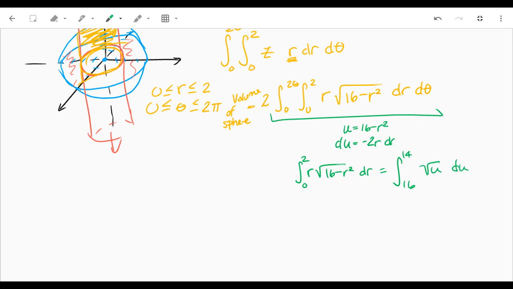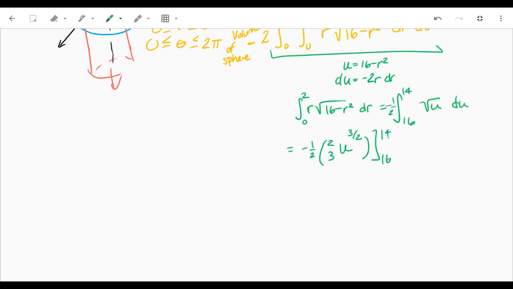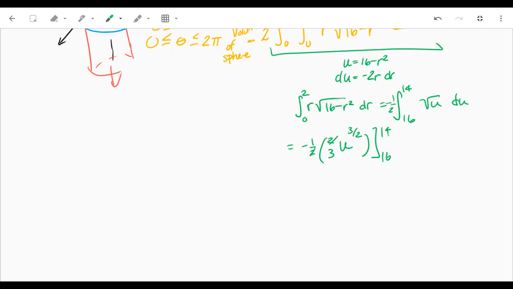That gets your square root of 16 minus r squared times r dr times a negative 2. So we need a negative 1/2 up front. Then we'd have negative 1/2, integrate u to the 1/2, so u to the 3/2 times 2/3, and we'll evaluate it from 16 to 12. So these 2's are going to cancel out, so we'll have negative 1/3, 14 to the 3 halves.